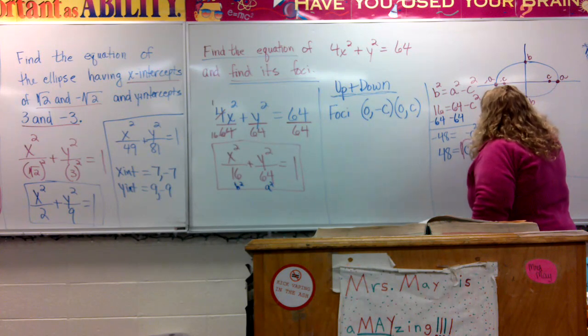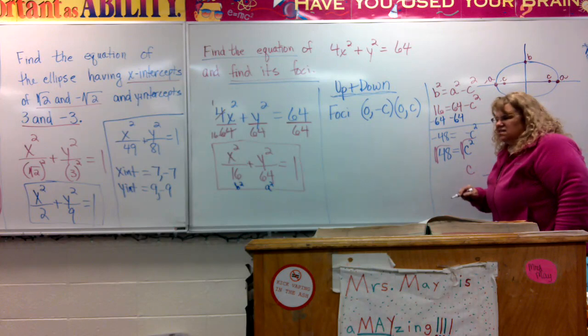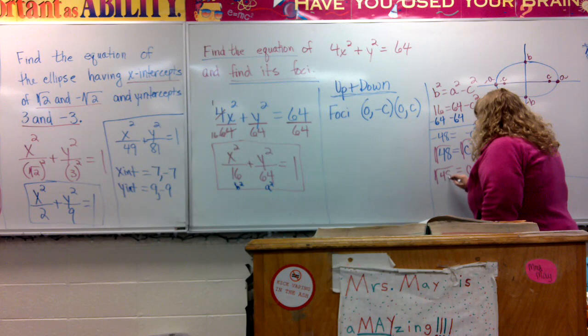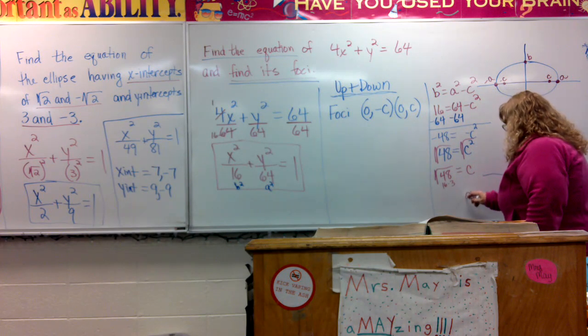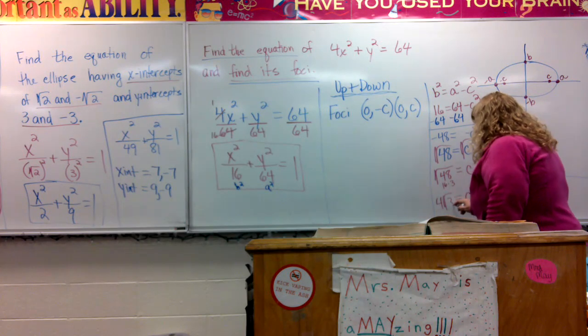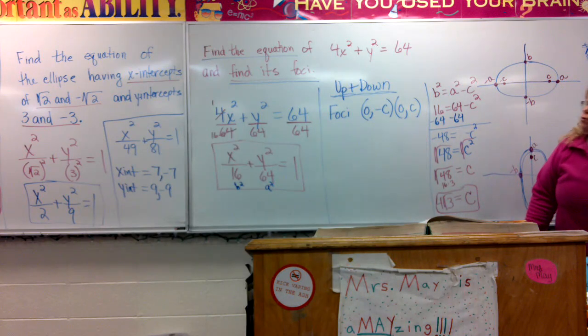And then what will you do to finish it up? Square root. Square root of 48, which I think is 16 times 3. If I simplify, isn't that 4 roots of 3? So then what are my foci?